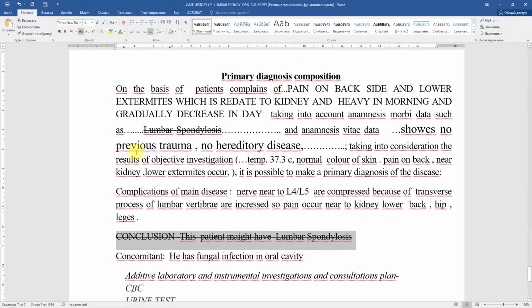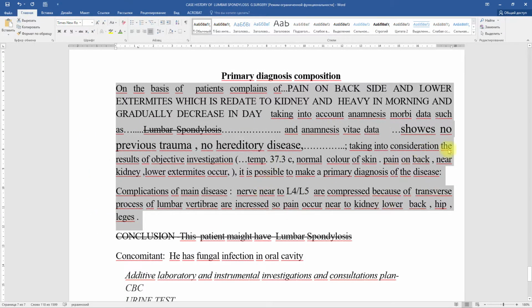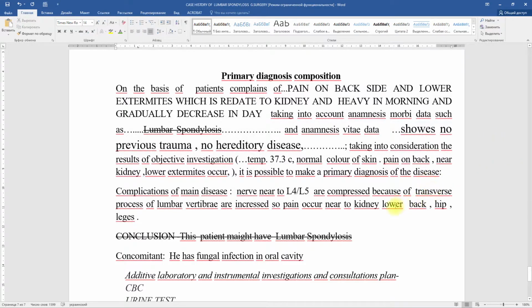From this, you may say only that this patient has a pain syndrome which is located in his lumbar region. This is also accompanied by dysfunction of some nerves related to the lumbar plexus, because there is neurological symptomatics: pain in the hips, legs, weakness in lower extremities.